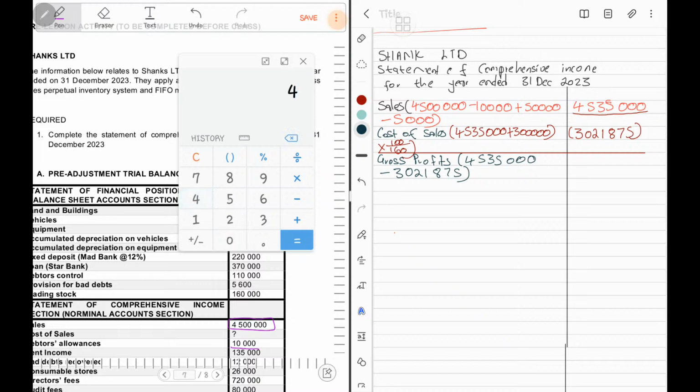Let's see, 4,535,000 plus 300,000 multiplied by 100 over 160. Okay, it's correct. So now to find the gross profit, we're going to take the sales of 4,535,000.